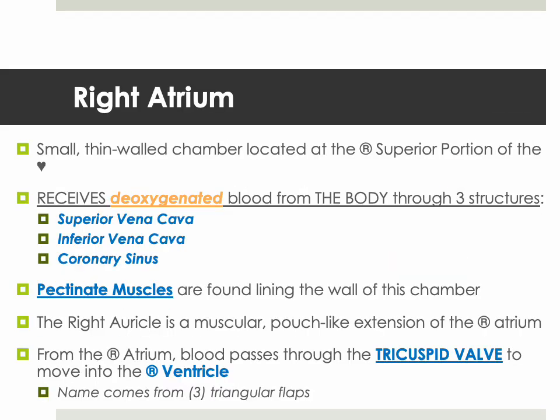Now we're gonna talk about chamber per chamber, okay? So right now we're gonna talk about the right atrium, which is this guy located here, okay? So it is the chamber that is in the right superior portion of the heart. It is thin-walled, and it's going to receive deoxygenated blood from the body through 3 main structures: a superior vena cava, an inferior vena cava, and a coronary sinus.